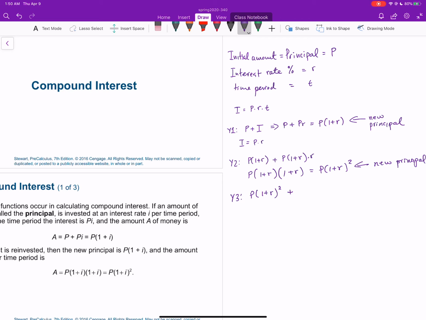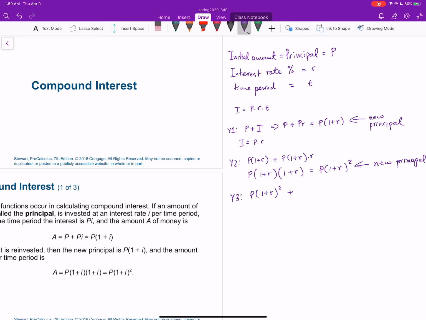Remember, interest is always P times R. So your new principal, which is P(1 + R) squared, times R. Now, that amount, let's call that A. Let's call this guy here A2, so that we are being consistent. So I end up with P(1 + R) squared times (1 + R). That gives me P(1 + R) cubed.